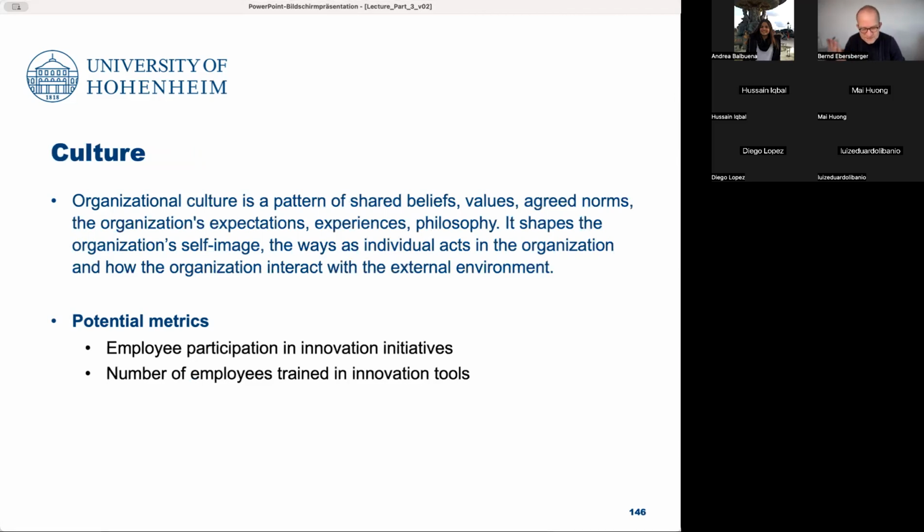This is sometimes not always 100% clear. There is some overlap. But of course, employee participation in innovation initiatives is a good measure of how innovative the culture is. What else could you measure? How else could you measure the innovation culture of a firm?